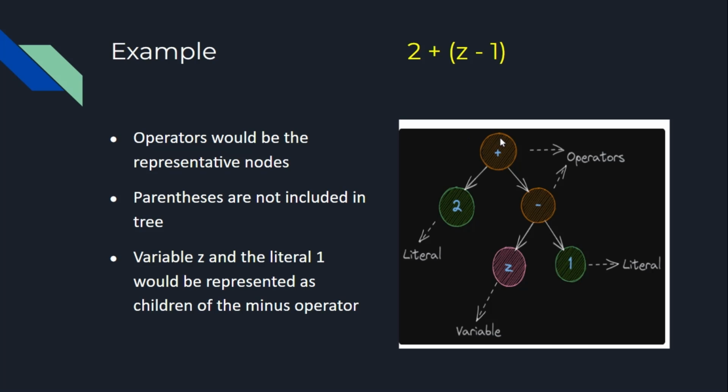When representing this equation as an abstract syntax tree, the operators would be represented as nodes, instead of including parentheses for order of operation. The variable z and the literal 1 would be represented as children of the minus operation.